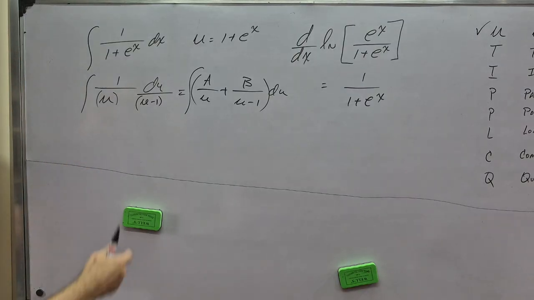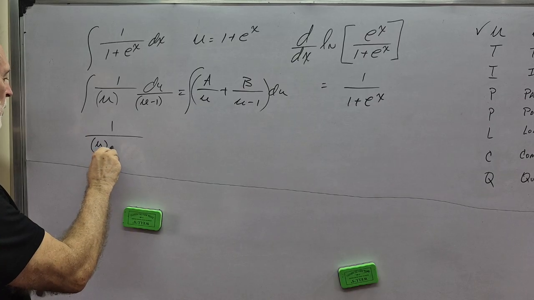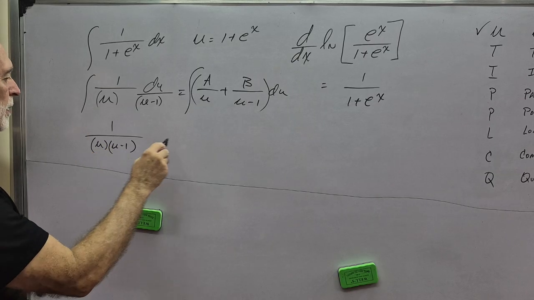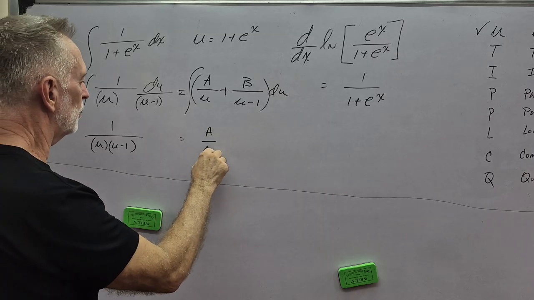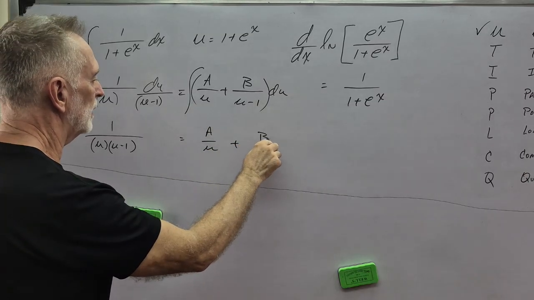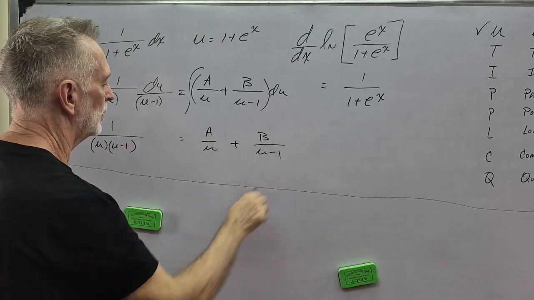Okay, now a little bit of algebra here. I have 1 over u times u minus 1, and I'm saying that equals a over u plus b over u minus 1. Now it's the integral, but I'm leaving that sign off for the moment.